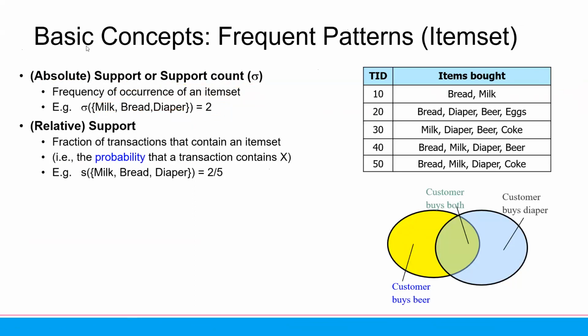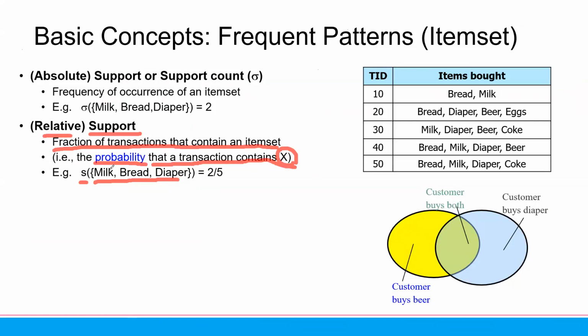We can also measure the relative support. It is the fraction of transactions that contain an item set, or we can say the probability that a transaction contains X, where X is the item set. S means the support.